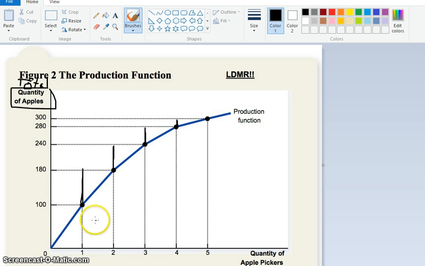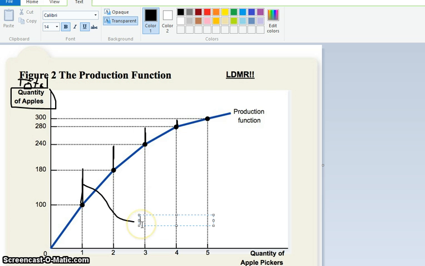That's your marginal output. Or you'll hear it called marginal physical product in a second. So that's the jump for each additional apple picker or machine or acre of land. This is the extra production that comes from that additional unit.